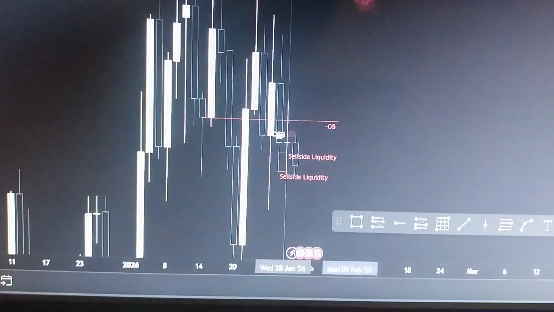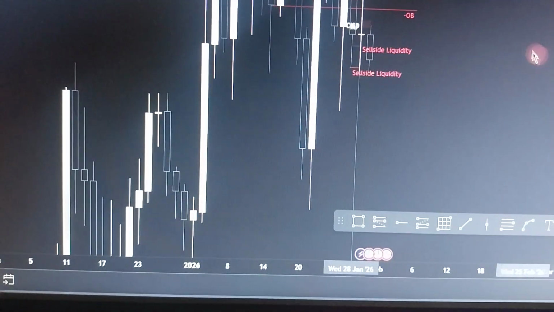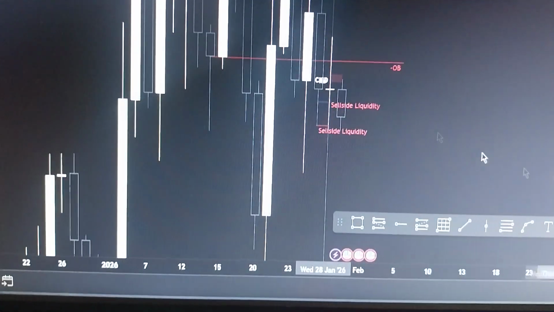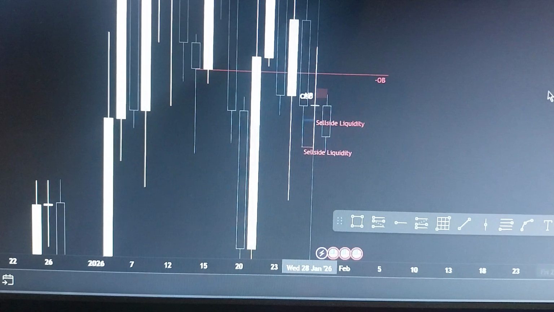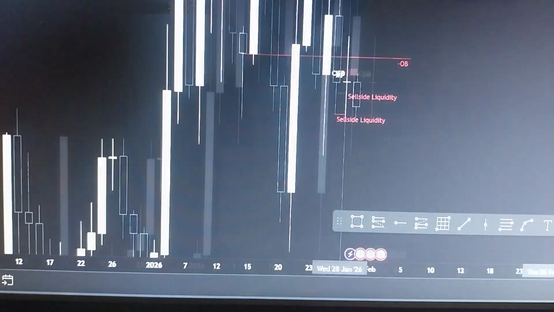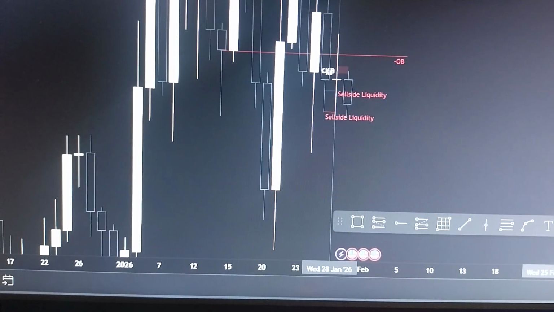As always, starting with the daily time frame, we are very bearish. We inverse this fair value gap, and we are reacting mostly near this bearish order block. So the bias on the daily is bearish.